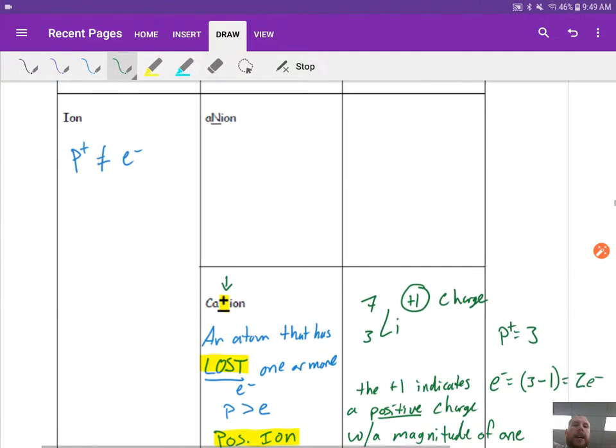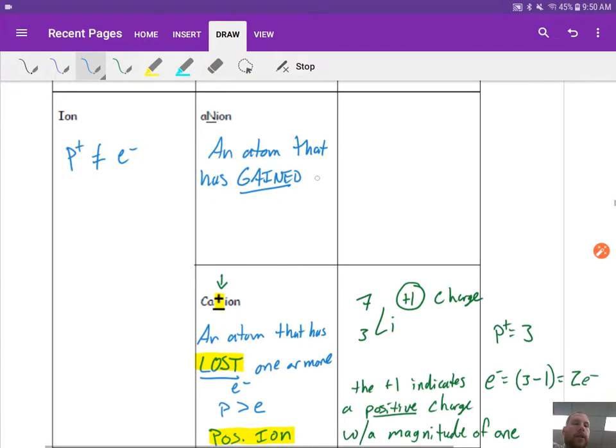Now, on the flip side, if I have what's called an anion, if a cation lost one or more electrons, what do you think an anion is going to do? It's going to be the opposite. This is an atom that has gained one or more electrons.